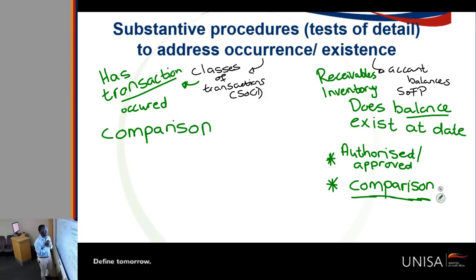So occurrence for revenue, occurrence for wages and salaries expense, occurrence for things like cost of sales expense. They are very similar procedures, and you just need to go and compare all our cycles.